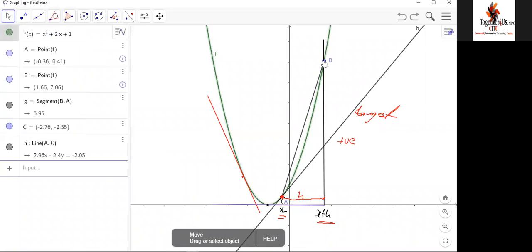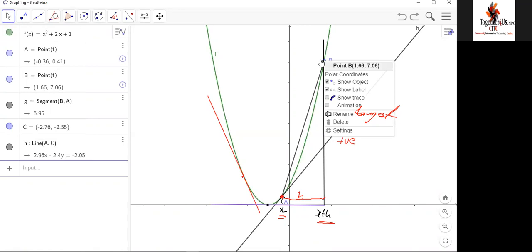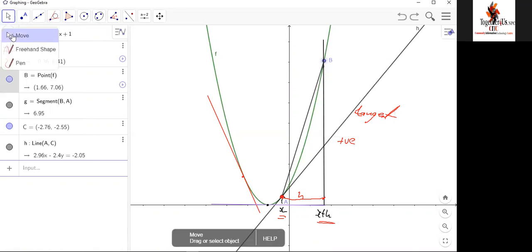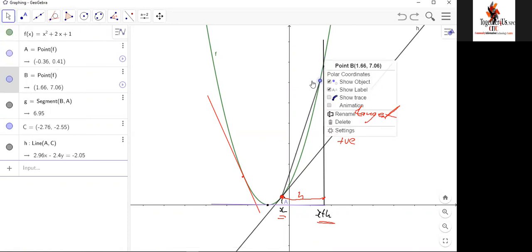So I'm going to take this point B, okay, and I'm going to decrease that point, just move it around. So if I take point B and I take it down, down, down. Remember, as I do this, h is becoming smaller and smaller.